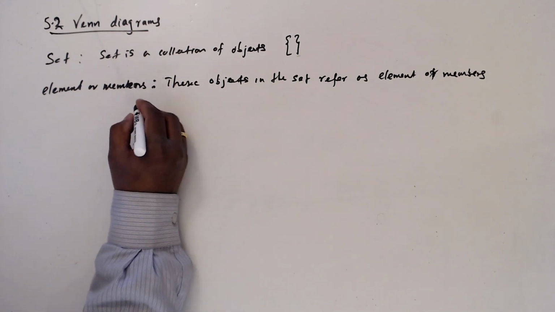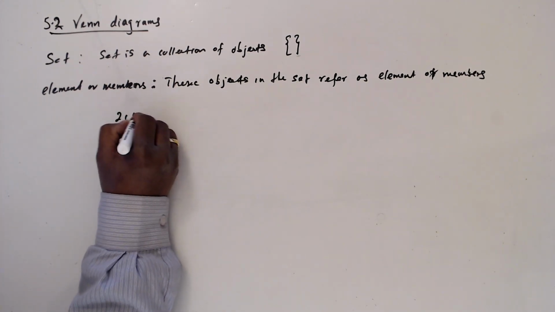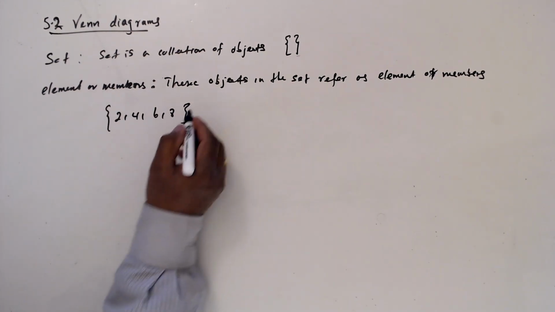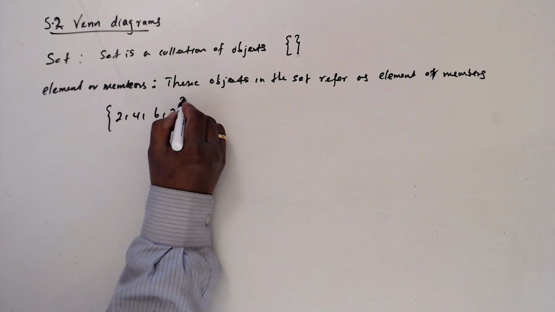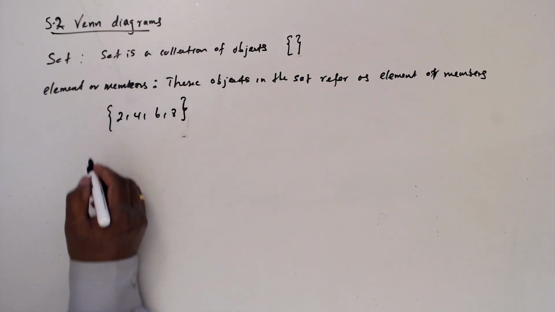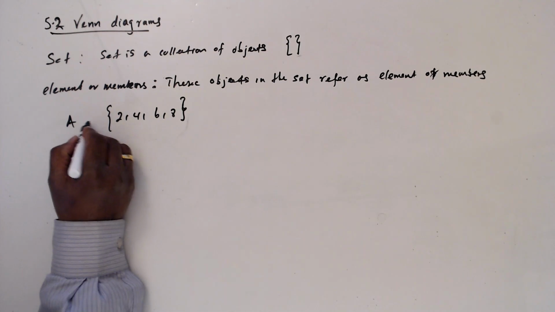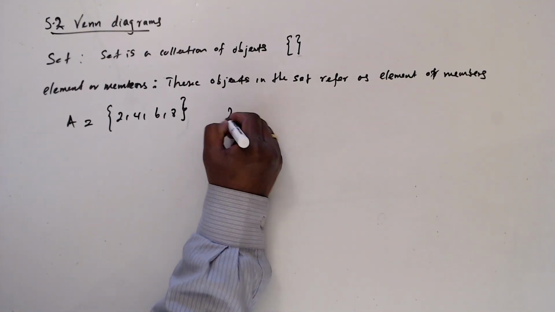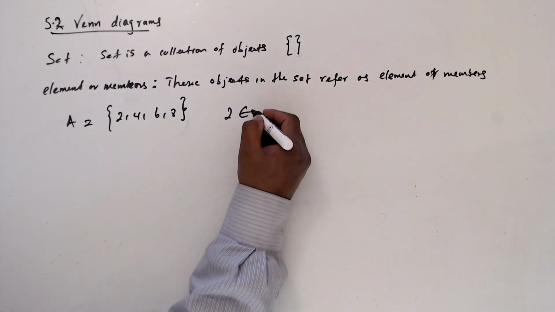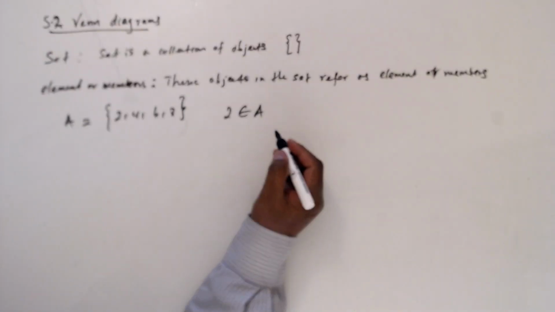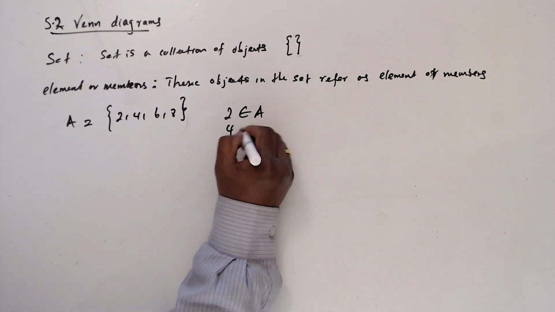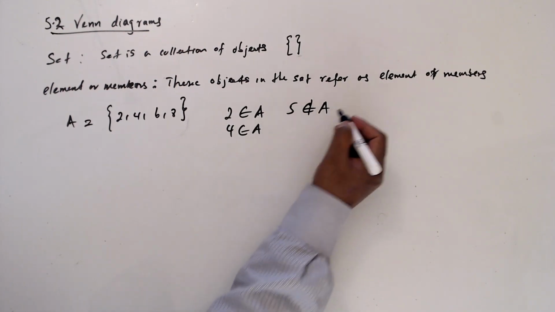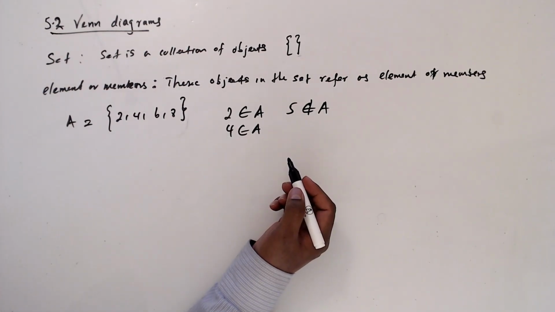I define a set {2, 4, 6, 8} and name this set A. So 2 is a member or element of A. 4 is an element or member of A. 5 is not an element or member of A. So this is the sign for member or element.